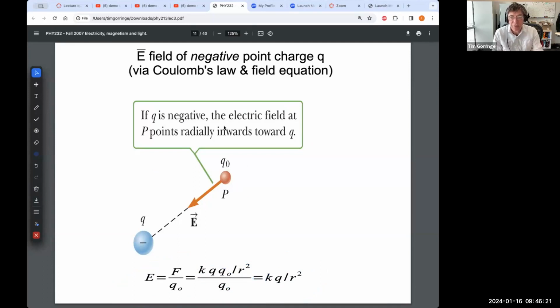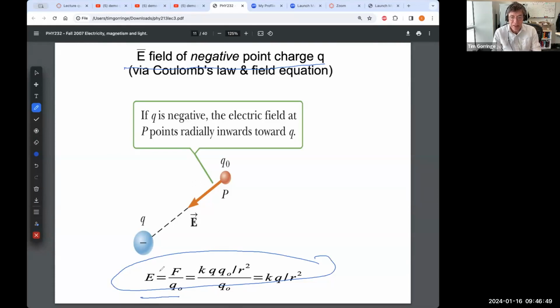So on this slide, it's a very similar looking diagram, very similar looking equation. The only difference is really I'm going to write down what the electrical field of a negative point charge is. I'm going to do it in exactly the same way. For the field strength, I'm going to use this combination downstairs here of the field equation over here on the left.